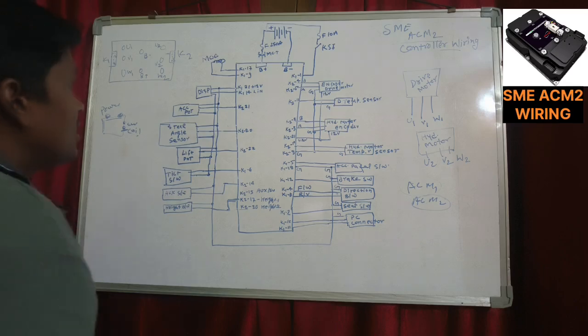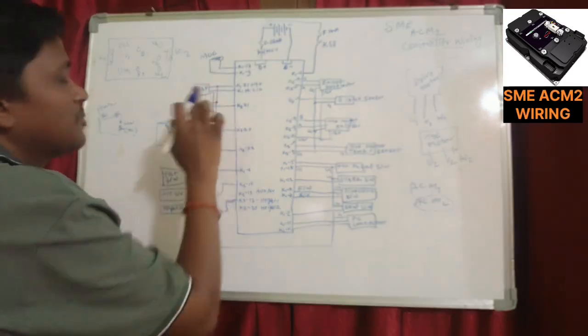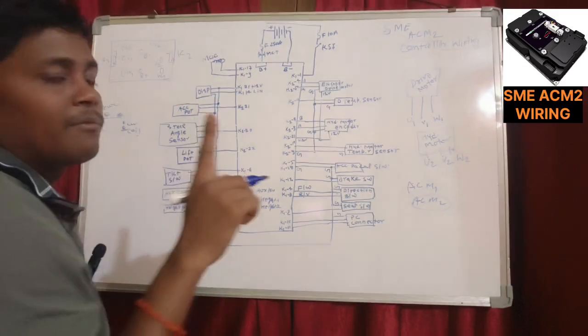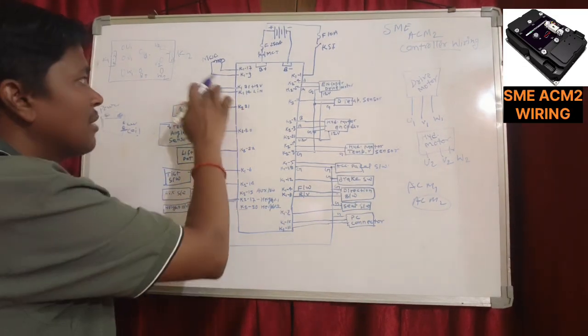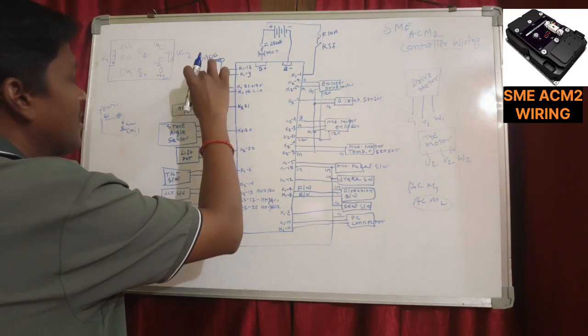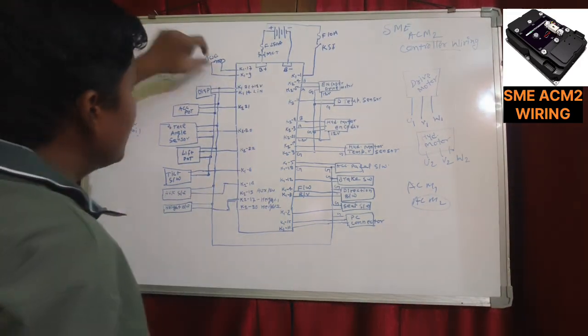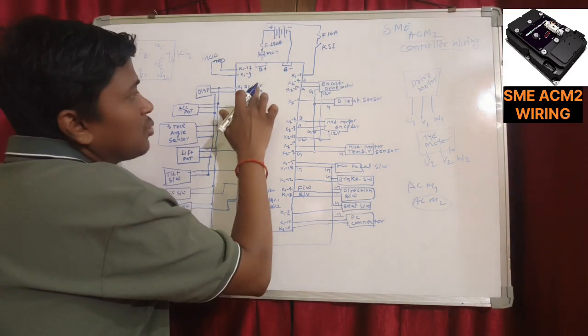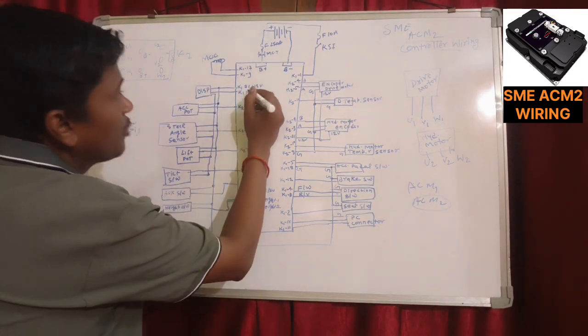Then we come to the display. This controller has a good display. The display is connected with three wires: 12 volt supply, ground, and one line in for communicating with the controller. The positive 12 volt connection comes from K121.